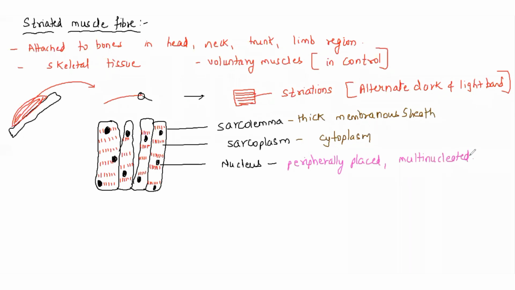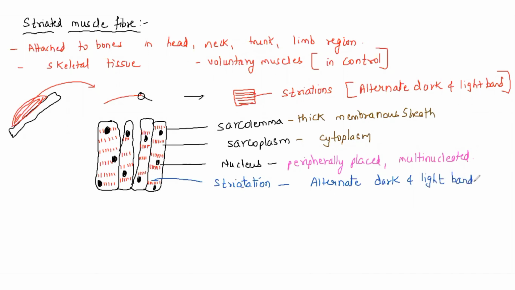It has many nuclei present in it. And if I take this line, this is nothing but striations. All these striated muscular tissues show alternate dark and light bands, and this alternate dark and light band is basically the striations.